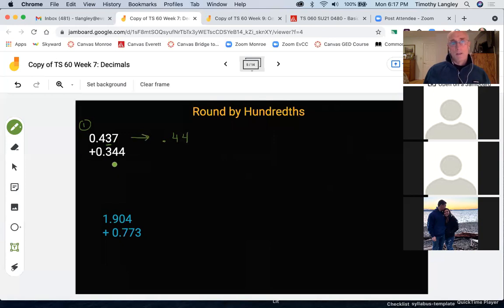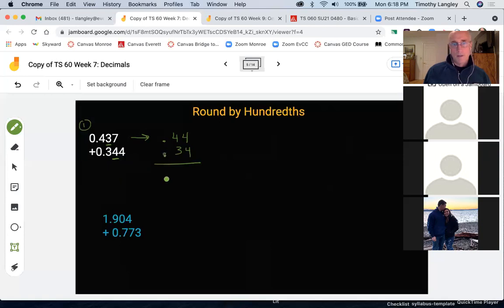I look at my next number, it says to round to the 100th place. Be very careful and deliberate about this. Go 10th, 100th. Make sure you underline the right number because it changes everything if you don't. And I look to the right, it's not 5 or more. This becomes 0.34, okay? Because the 4 stays the same because of this 4 here is the same.